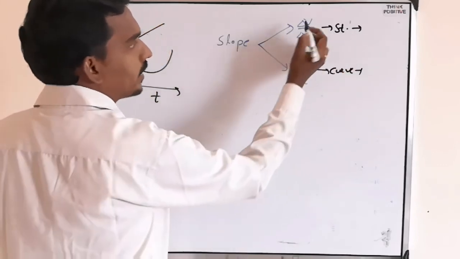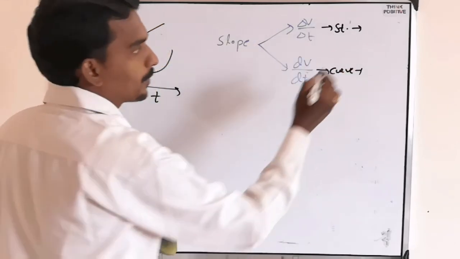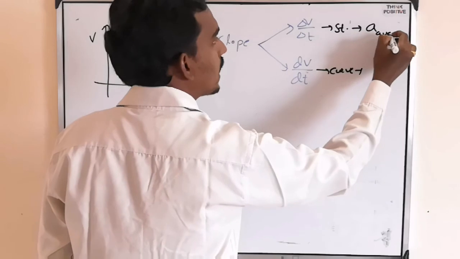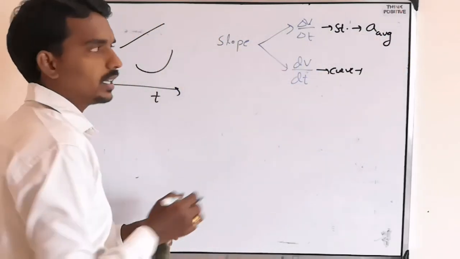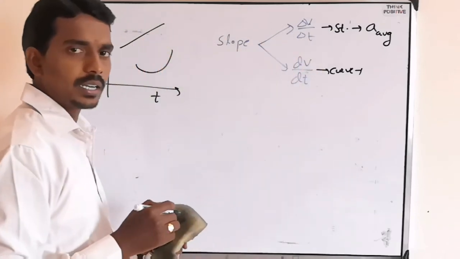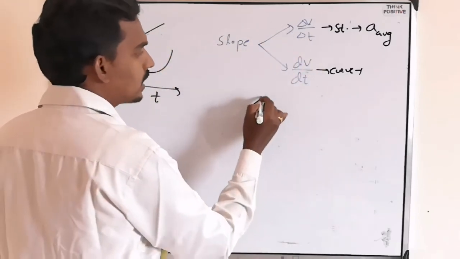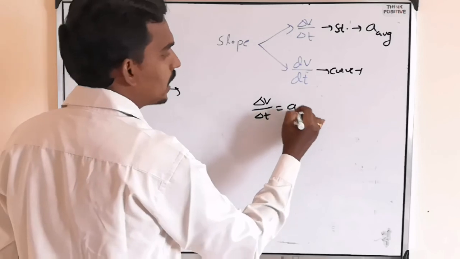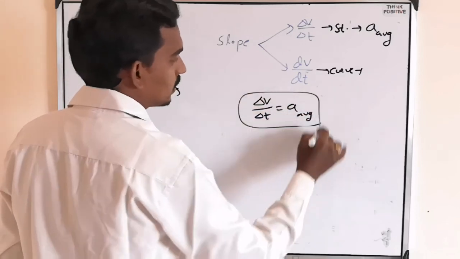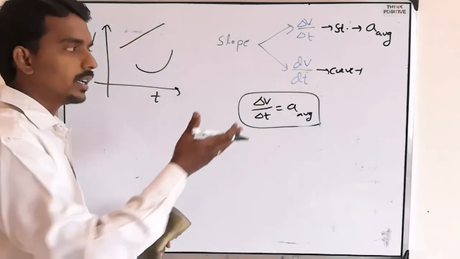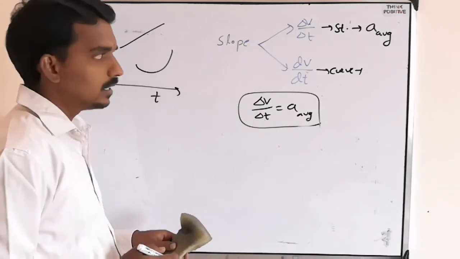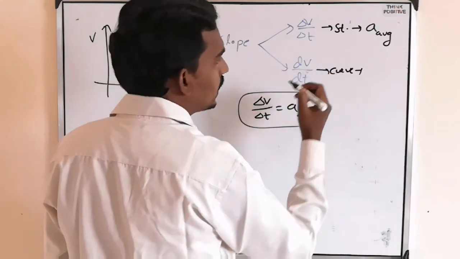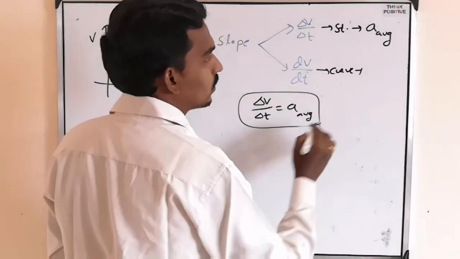But either straight or curve, nothing else. Now, if it is straight, delta v by delta t, average acceleration. Delta v means what? Change in velocity. Delta t means what? Time taken. Change in velocity by time taken is nothing but average acceleration. This is what you have studied in your basic chapter also. Nagarjun sir taught. Now here dv by dt, that is curve.